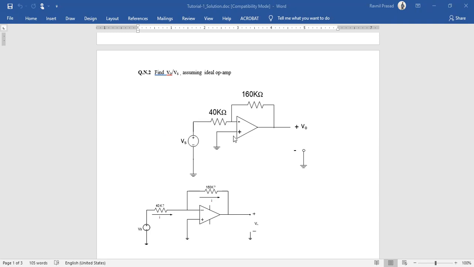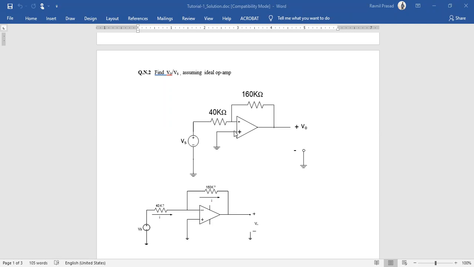Whatever voltage is going into this terminal should be equal to the voltage at this other terminal as well. In this case, the voltage going into the positive end is 0, so the voltage at the negative end should be 0 as well. The differential voltage across this op amp is 0.